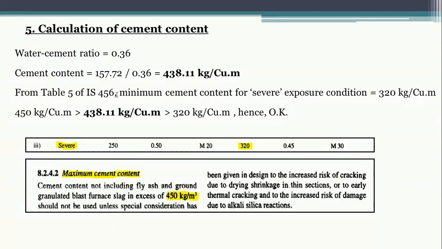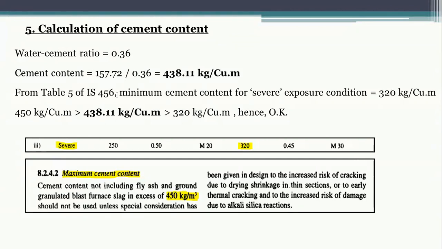So we have to check this 438.11 with the durability aspects, that is, based on our exposure condition. For the exposure condition severe, the minimum cement content is 320, and the maximum cement content is 450. These two data are given in the problem only, you can refer to it. Since I cannot go back every time, I have put a slide here.